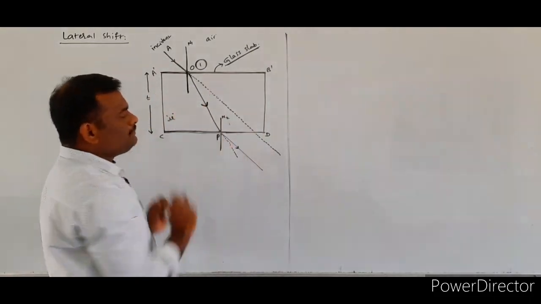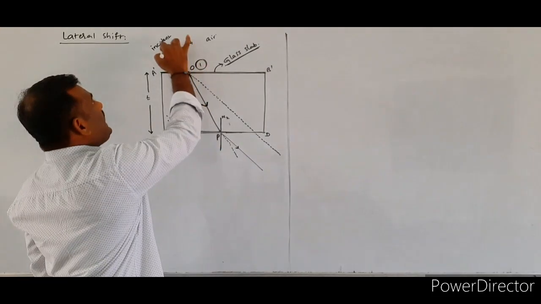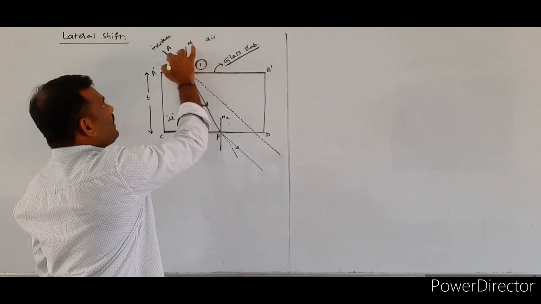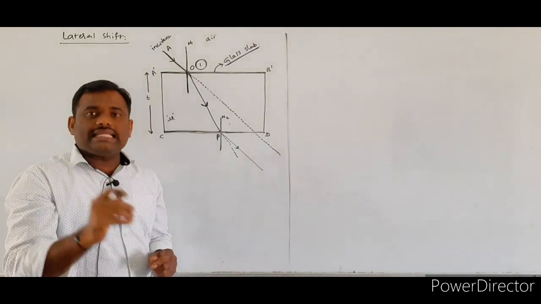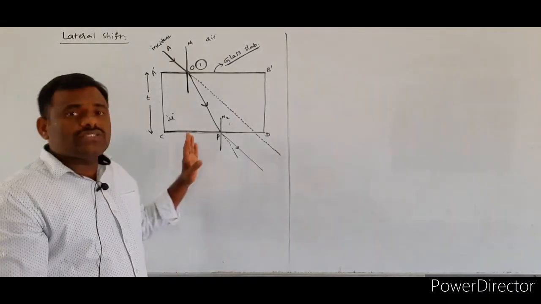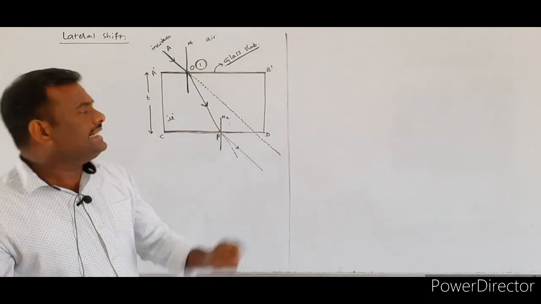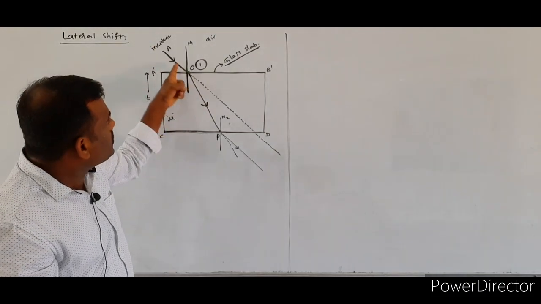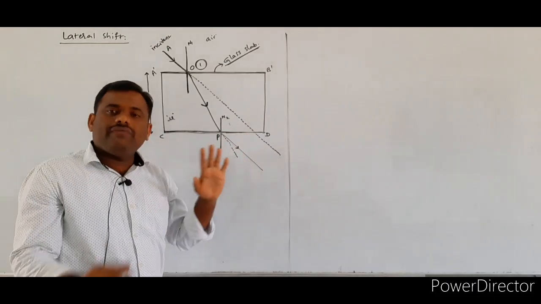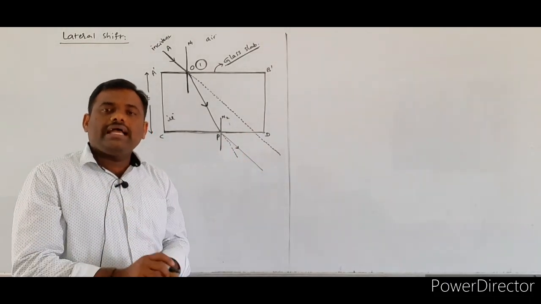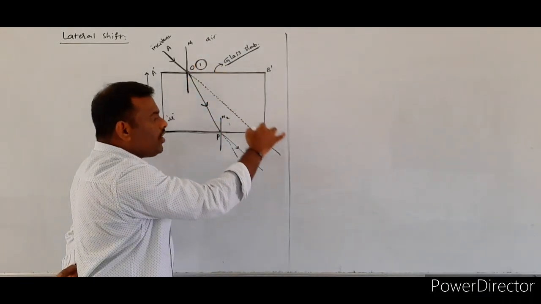If you observe this diagram, initially we assume that along the path of the incident light ray there is no glass slab placed. In that case, according to the property of rectilinear propagation, the light will travel along a straight line, so the incident light ray will travel along this dotted path.